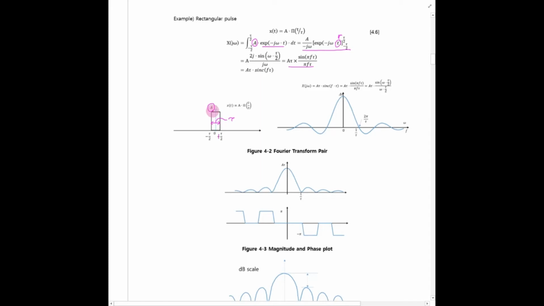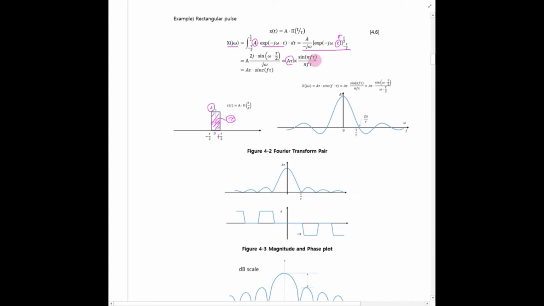So the rectangular pulse amplitude is a and time span is tau. Then the Fourier transform expression is a tau times sinc f tau. Okay, a tau sinc f tau. Okay, think about this one. The a tau is the area of this one.